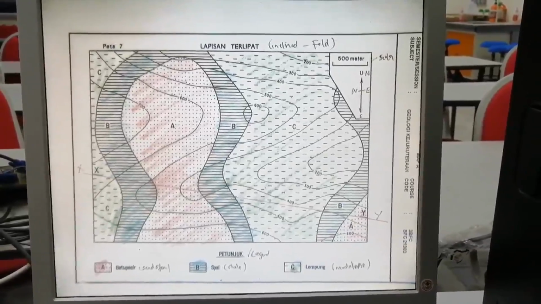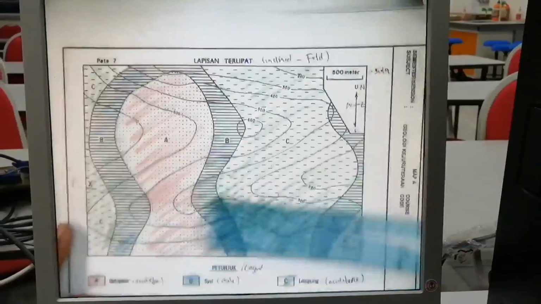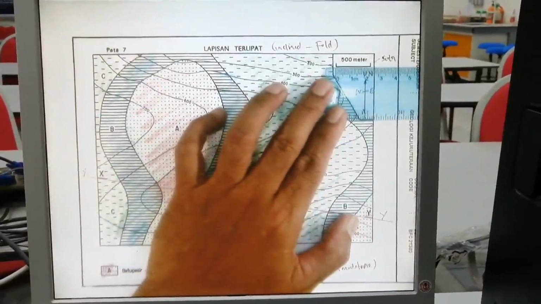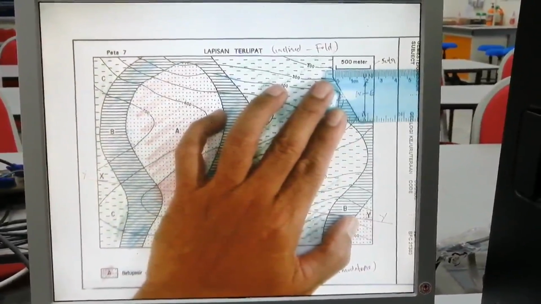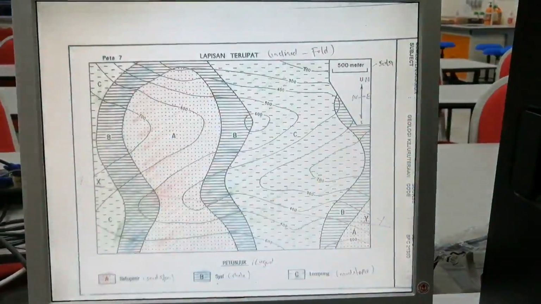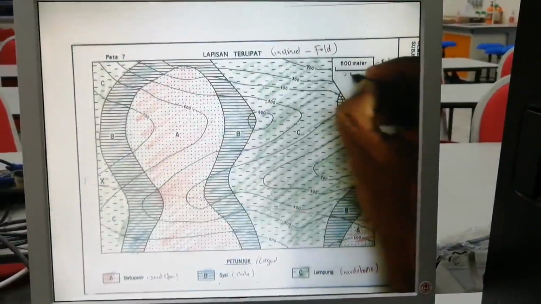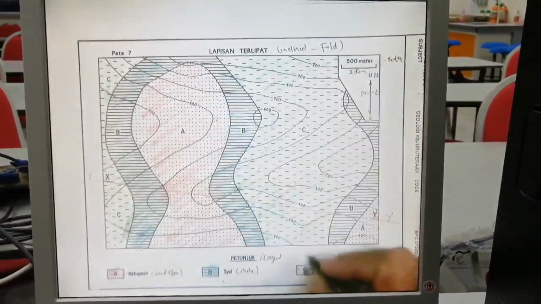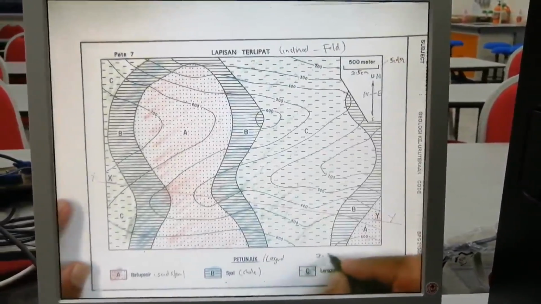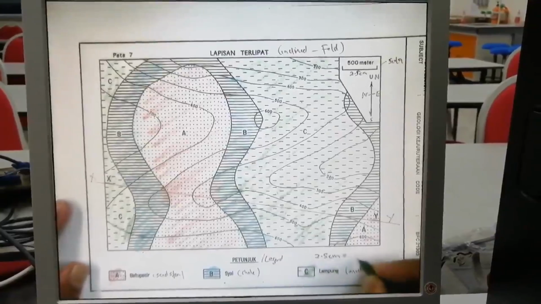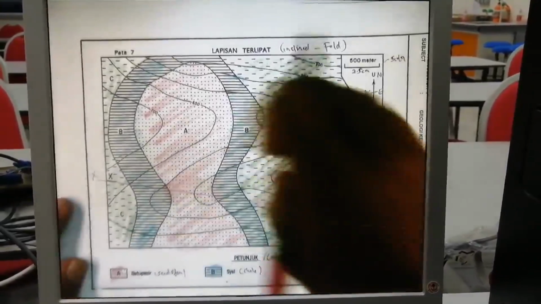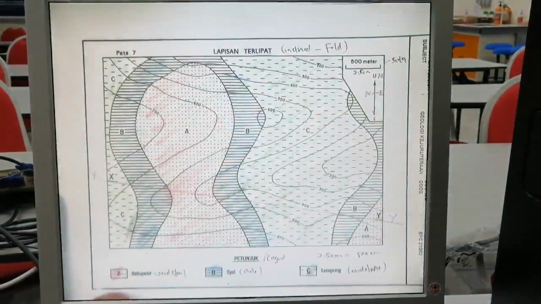So the distance on the ground, make it 2.5 cm. Even if you can't get it exactly, make it 2.5 cm. So your scale is 2.5 cm equivalent to 500 meters on the ground.